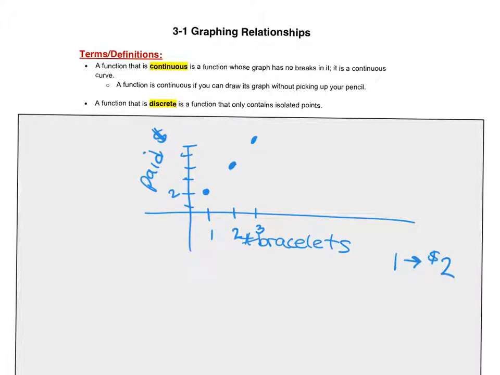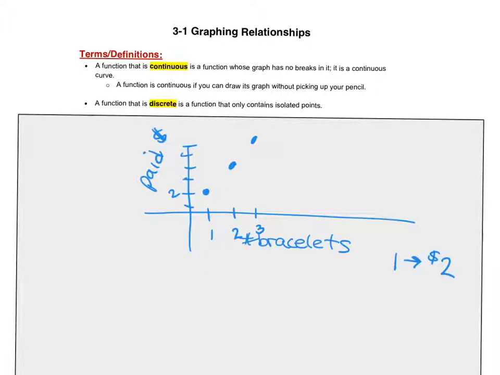Now, in between 1 bracelet and 2 bracelets, you're not going to get paid for 1.5 bracelets, so there's no point that is going to be labeled there. You're not going to be paid for 2.5 bracelets or 2 1/4 bracelets, so no point is going to be there. This is a discrete graph. It only has isolated points because the times in between cannot be filled out.